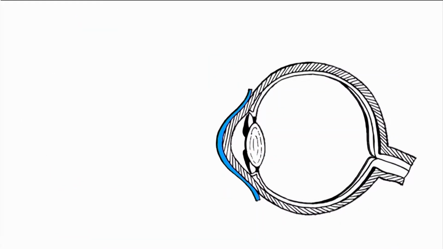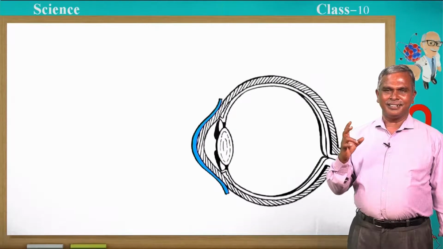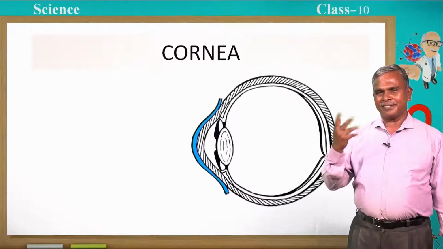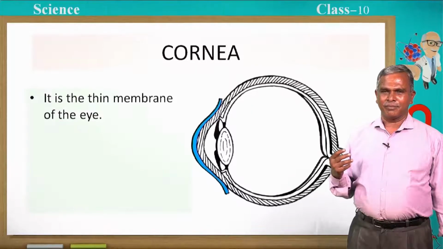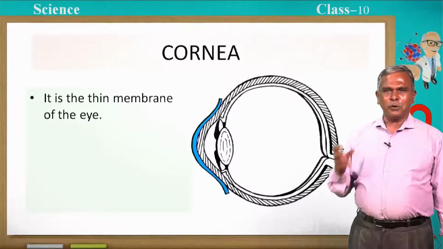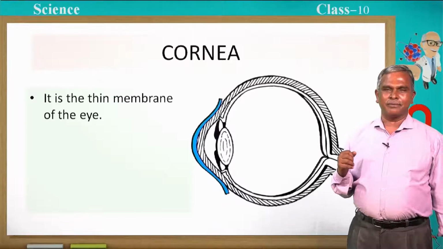See, the human eye is not a plane surface. It is curved. As I told already, eyeball means it is naturally curved. The outermost layer of the human eye is bulged at the middle region. That region is called the cornea. This cornea is the most prominent surface of the eye.